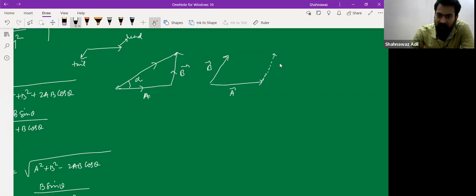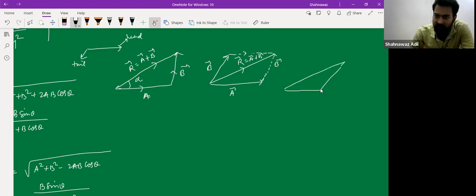And then again, you draw the vector A, same magnitude and same direction, on the head of this vector B. So we'll have a parallelogram. When you join that diagonal, this would be the resultant. So this is the resultant in the triangle law, and this is the resultant in the parallelogram law. Both give the same magnitude, right?